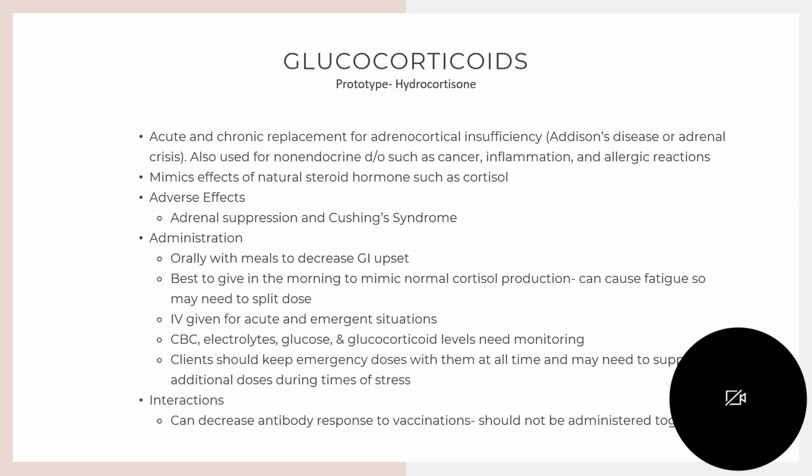Anti-inflammatory, okay? But also because this is mimicking that hormone or steroid in my body, I can give it if there is an impairment, right? If it's low, this can be given as a replacement. But most of the time when you're giving somebody glucocorticoids, it is used for inflammation.